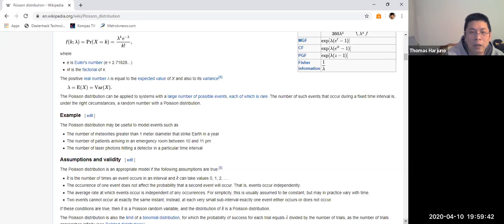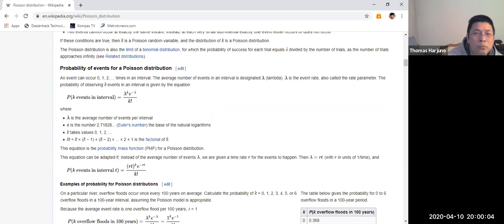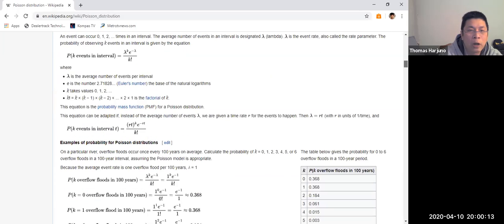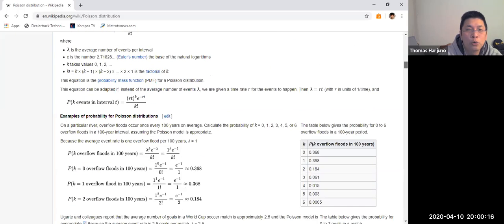You don't want to go to a bank during lunchtime, preferably before or after. This is also the model we use to predict the number of earthquakes happening, and in our textbook we also use the Poisson distribution to predict the number of potholes on a freeway.